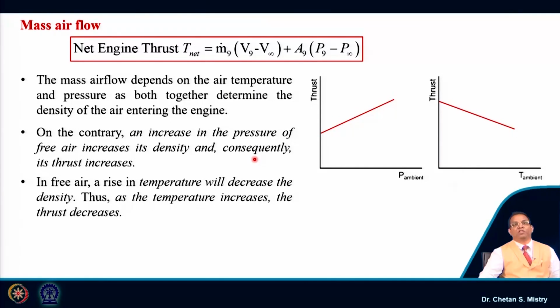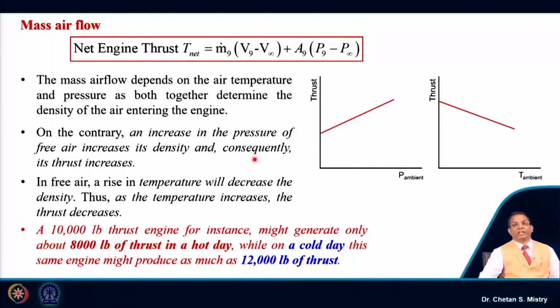Because of the variation of my mass flow rate, my thrust will reduce. So, if an engine has a thrust capacity of say 10,000 pounds, and it is working under hot day conditions, it may generate 8,000 pounds, or if it is working in a cold scenario, it may produce thrust in the range of 12,000 pounds.